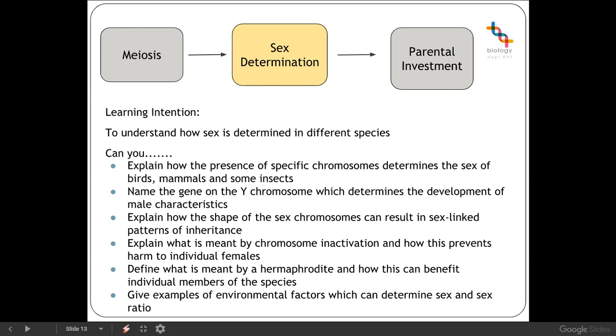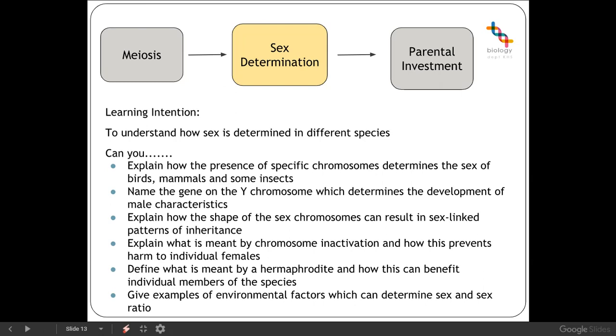So one X chromosome will be inactivated per cell, and that prevents harm to individual females as it prevents a double dose of the genetic material produced by the X chromosomes, and it also allows the masking of any deleterious alleles present on either X chromosome.